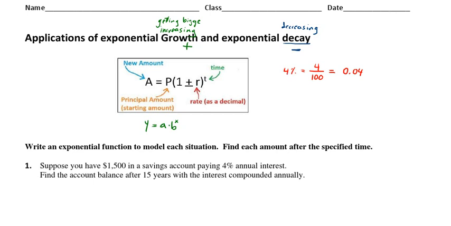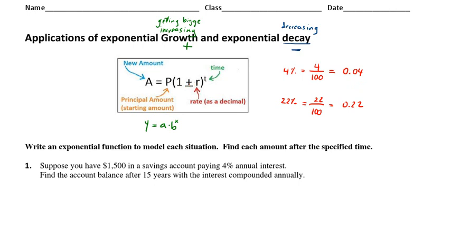A percentage is always divided by 100. So if you have 22%, that's 22 over 100, which is 0.22. Those are the things that we need in order to be able to use this formula. And whatever this decimal is, it has to be added to the 1 or subtracted from the 1, depending on the situation.